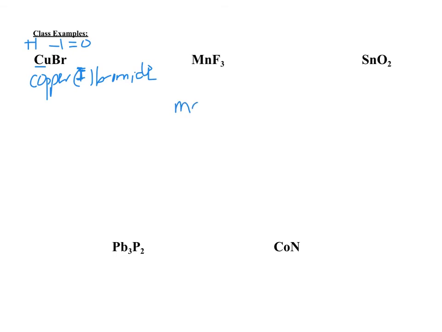MnF3. So we know Mn is manganese. If you find Mn on your periodic table, it's in what I call no man's land. It's in that center of the periodic table. So this needs Roman numerals, so it's going to be manganese something, and then fluorine goes to fluoride. So once again, work backwards.